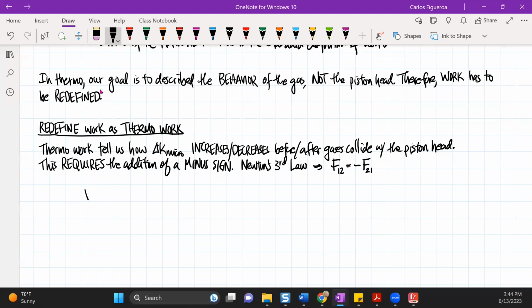So then if we define it as thermal work, from now on I'm going to call it work because we're only interested in thermal work. Newton's third law says, yep, there's that minus sign. Instead of the piston, we now look at the gas collisions.